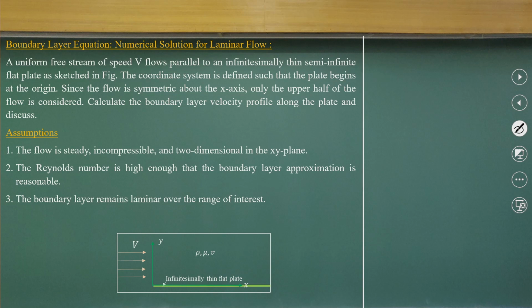As you remember, the boundary layer equations we derived first is the mass conservation equation, which is very simple, and again I am repeating it: for two-dimensional incompressible flow, the velocity divergence, which is equal to del u by del x plus del v by del y, equals zero.